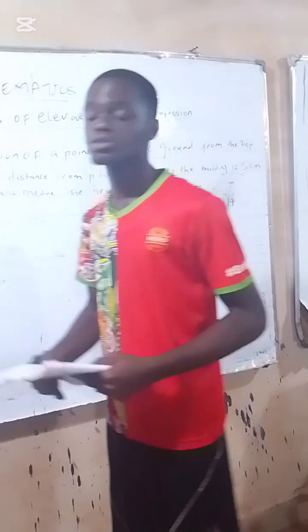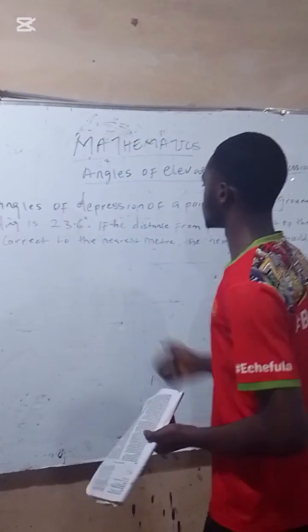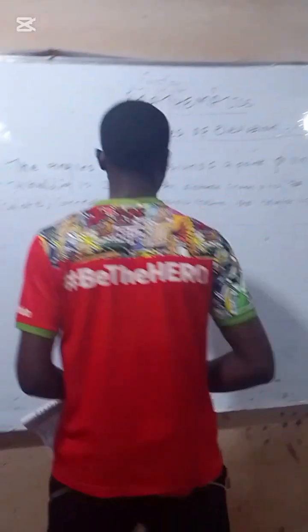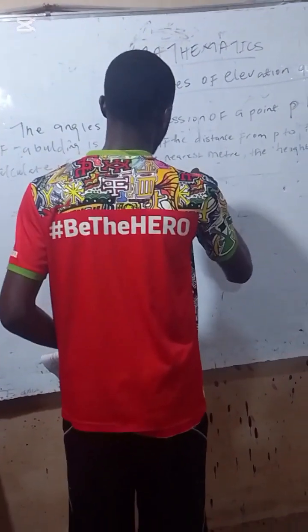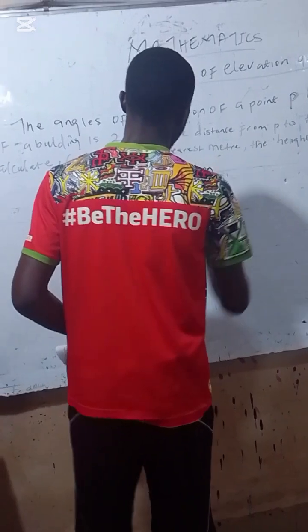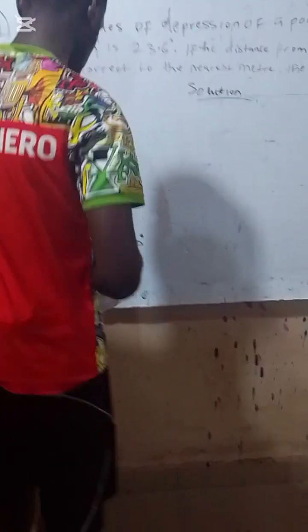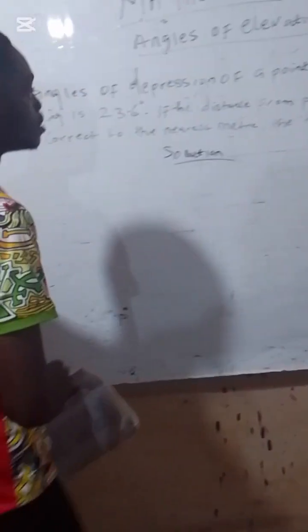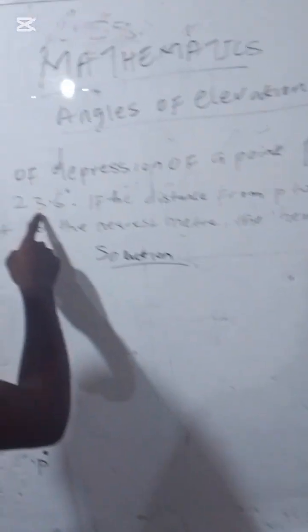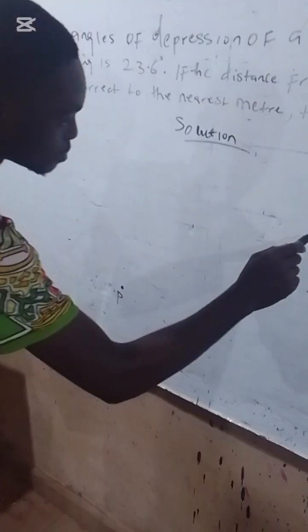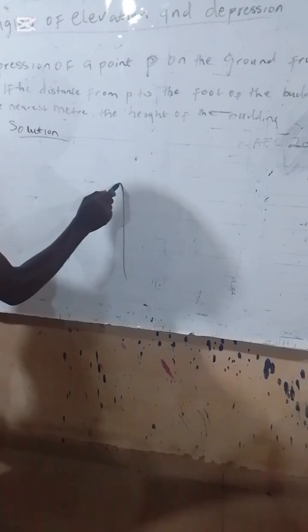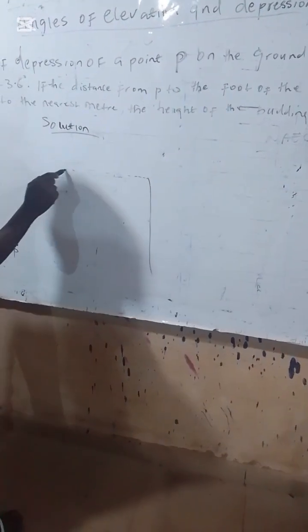Now, for us to start with this question, the angle of depression from the point P on the ground from the top of a building is 23.6 degrees. Let's review the diagram.